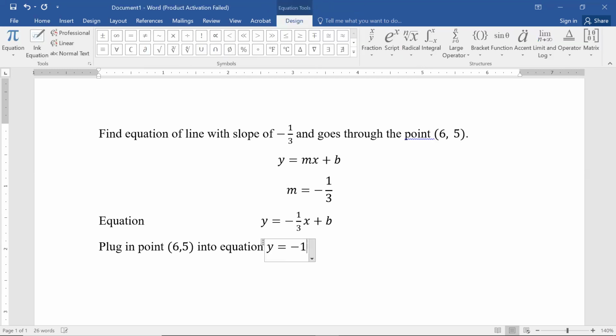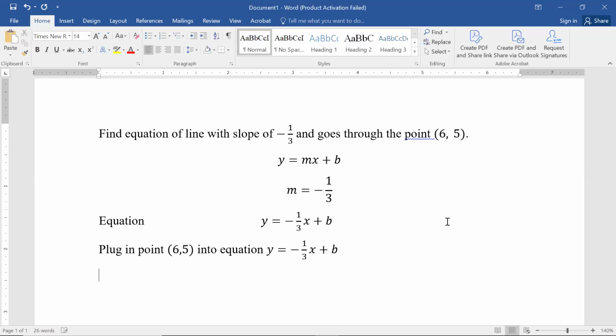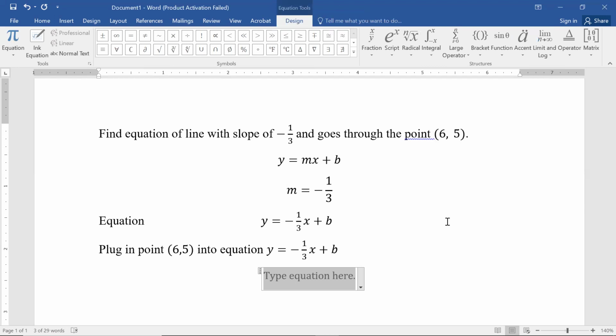Specifically, y equals negative 1/3 x plus b. When you do that, make sure you put the y value in the y spot and the x value in the x spot. So 5 is the y value and 6 is the x value. And notice what I have here.